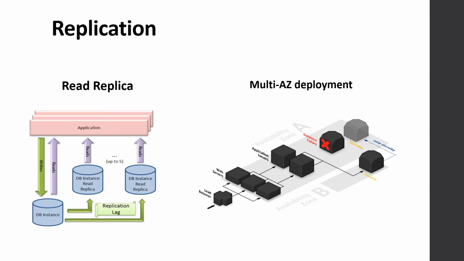Similarly, multi-AZ deployment facilitates high availability for your database and is always suggested to be configured for production workload. The secondary database will be in sync with the primary and can be switched with primary roles anytime there is an issue with the primary database or availability zone.